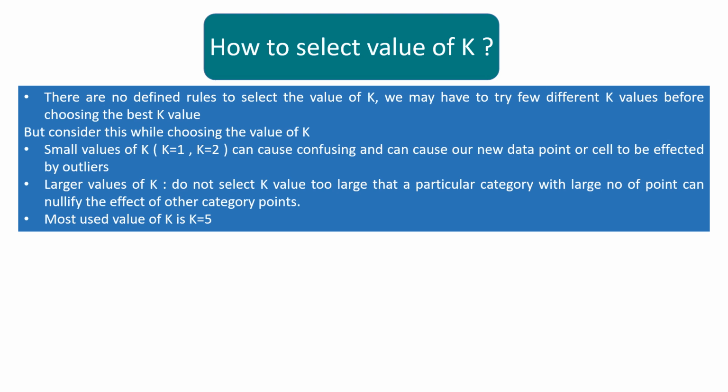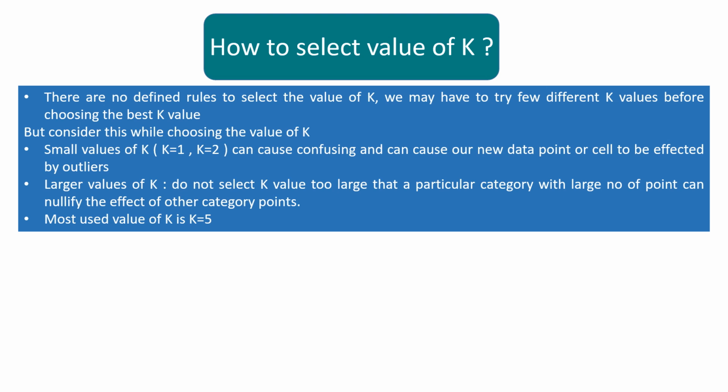The first one is that a small value of k can cause confusion and can cause our new data point or cell to be affected by outliers. Remember, we discussed outliers in the SVM video. Outliers are a big problem in machine learning, so k shouldn't be a small value.